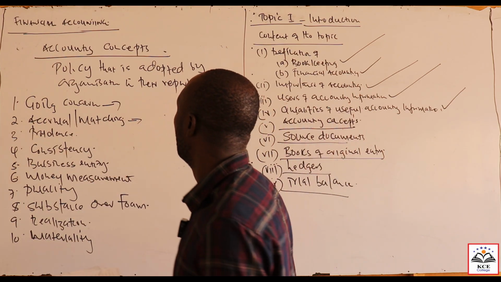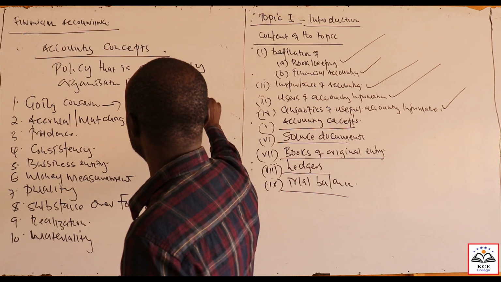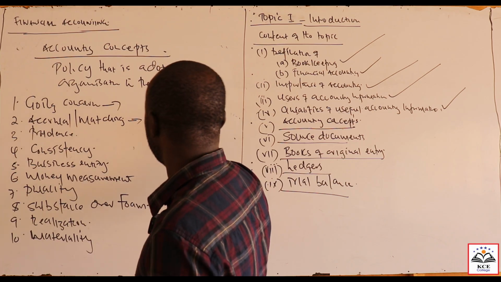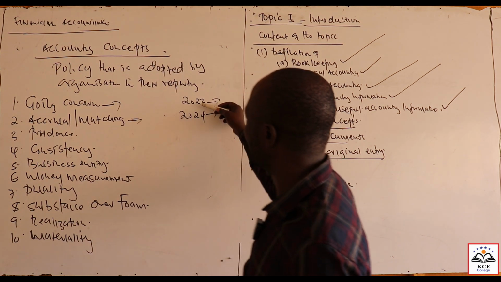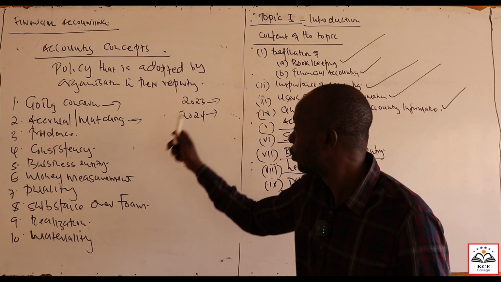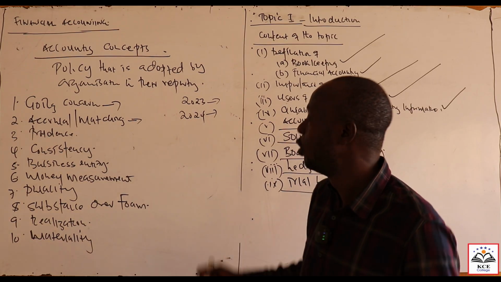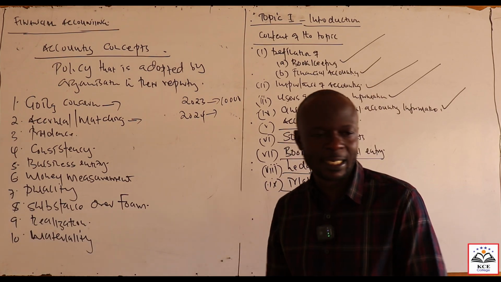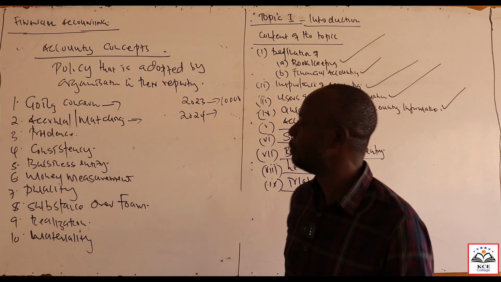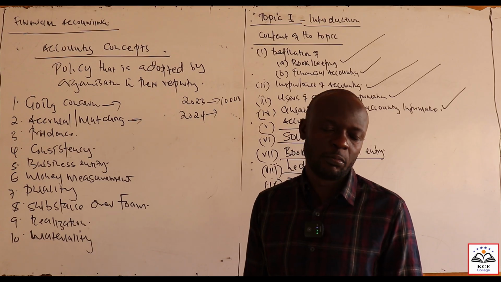For example, we have year 2023 and year 2024. There is an electricity bill incurred in 2023 of, say, 10,000. This amount is being paid for in 2024.